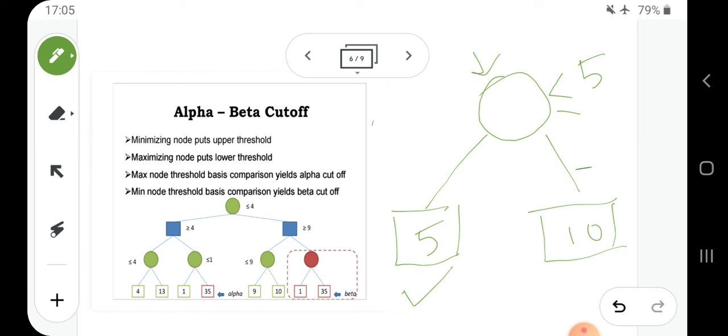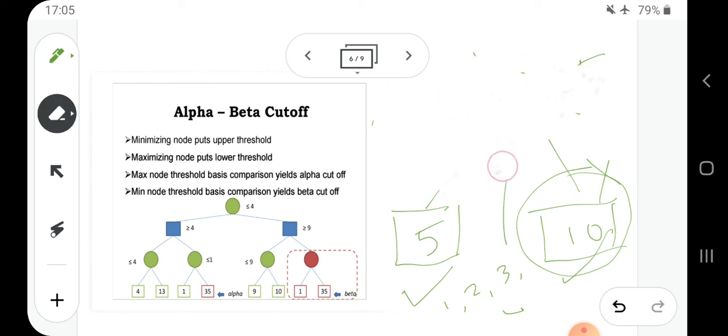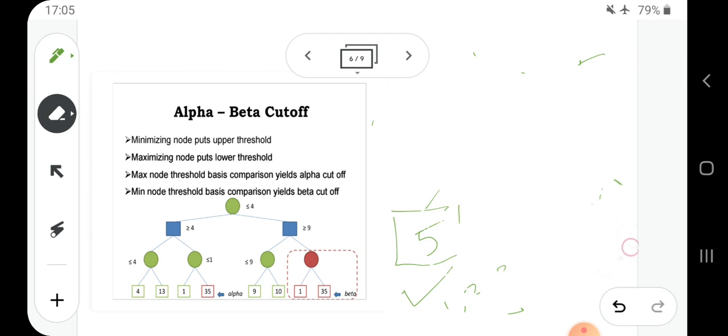If this node contains some value lesser than 5, like 1, 2, 3 or 4, that value will be chosen. But if it contains anything greater than 5, like in this case 10, then 10 will never come in this situation. So it will always return 5 or less. The basic concept is that just by looking at some of the values, we can decide that this node will always return certain bigger values.